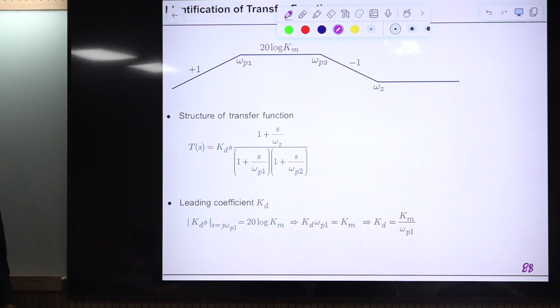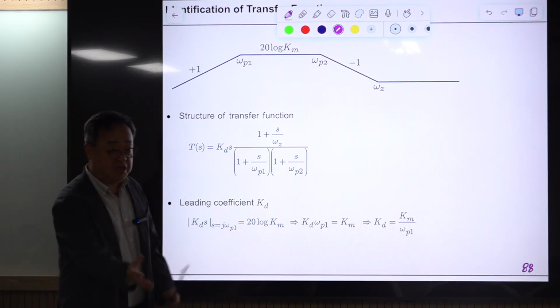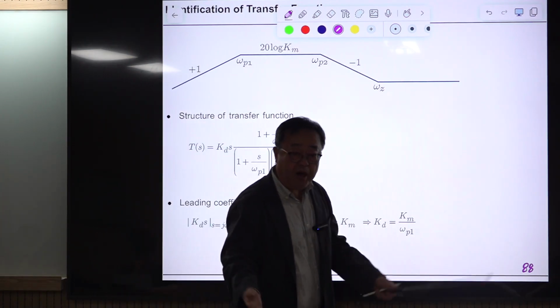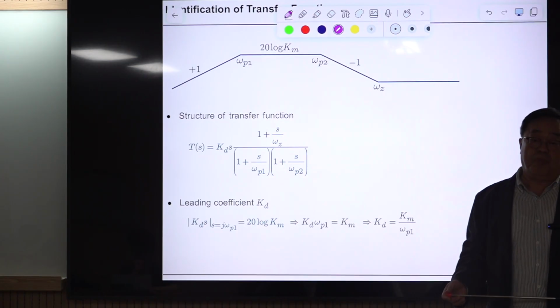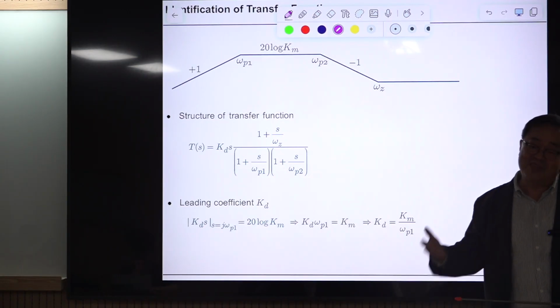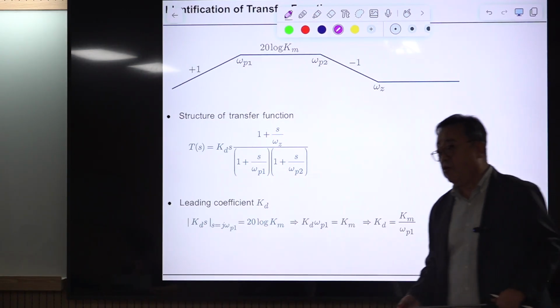There is the reverse process of sketching the asymptotic plot, but this reverse process is much more useful than the forward direction of just plotting the asymptotic plot. That is frequently used in the analysis of feedback systems, or in designing the controller, the compensation of your feedback controller.